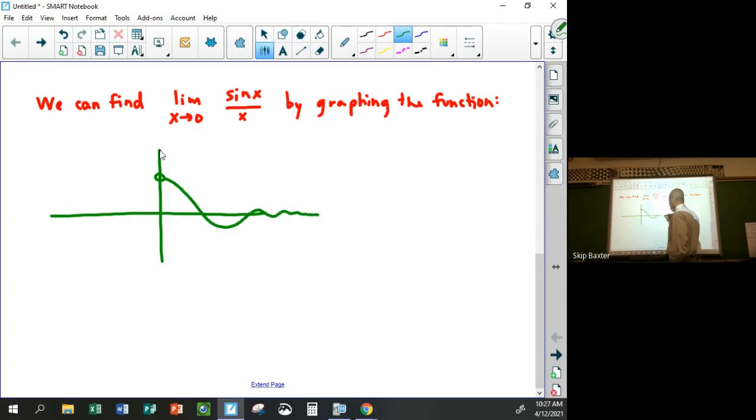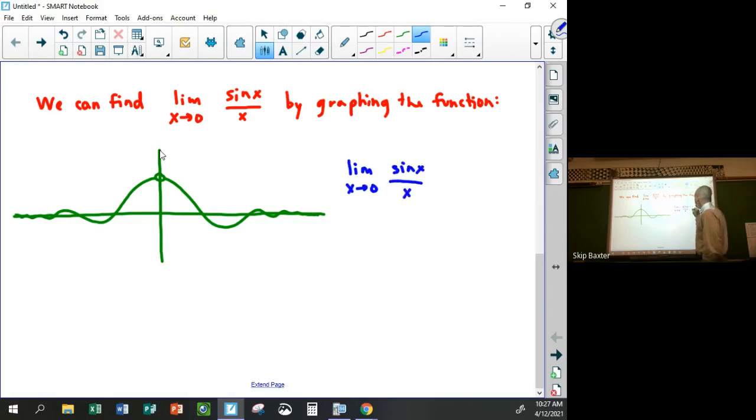It has the x-axis as an asymptote, but it keeps crossing that asymptote and getting closer and closer from each direction. But the point is, the limit is 1. Okay? The limit as x goes to 0 of sine x over x equals 1, because that's the y coordinate of that hole.